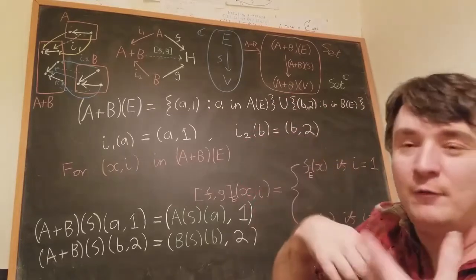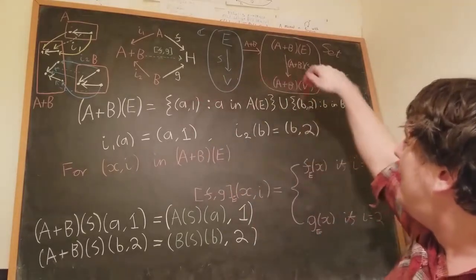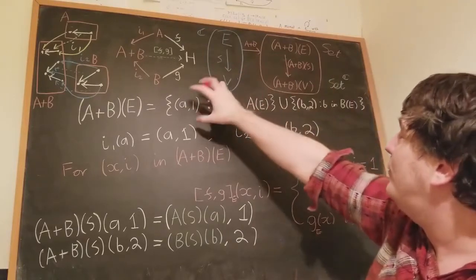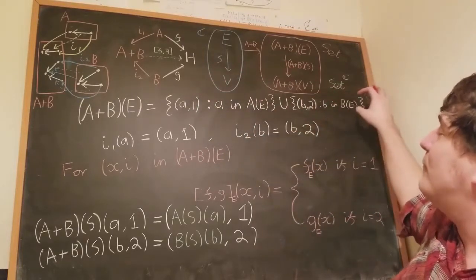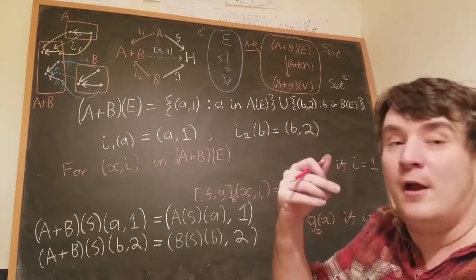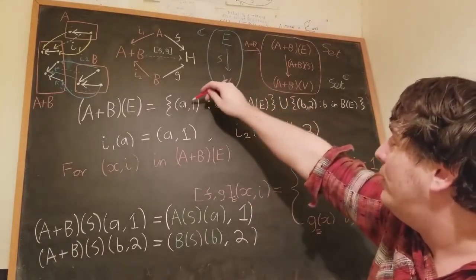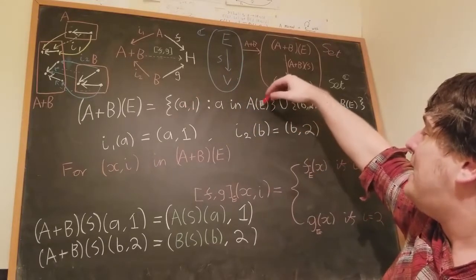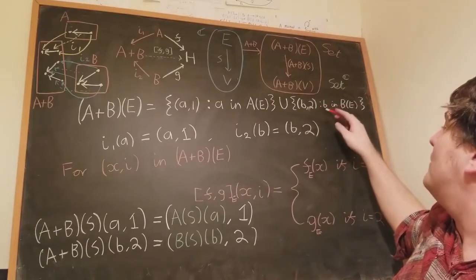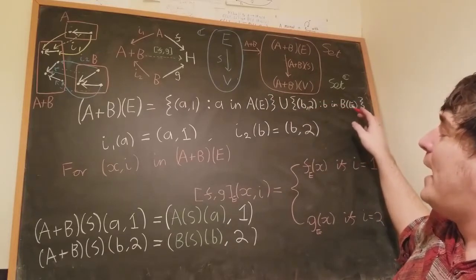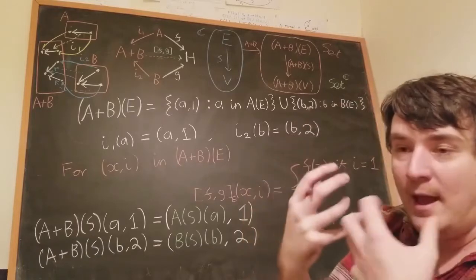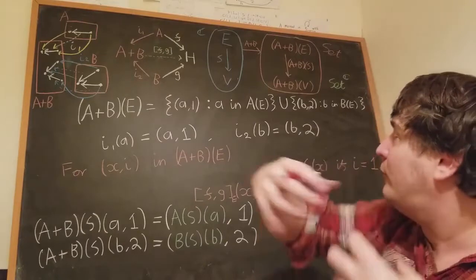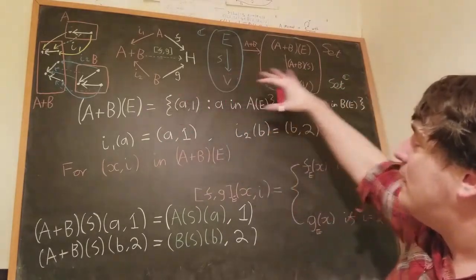We don't have to use ones and twos, any distinct symbol will do, but we want to make sure that we're discriminating between stuff that came from A and stuff that came from B. And so let's agree to put a 1 on the end of elements that came from A of E, and a 2 on the end of elements that came from B of E. Basically, we're just sticking A of E and B of E together and taking their discriminated union or disjoint union.